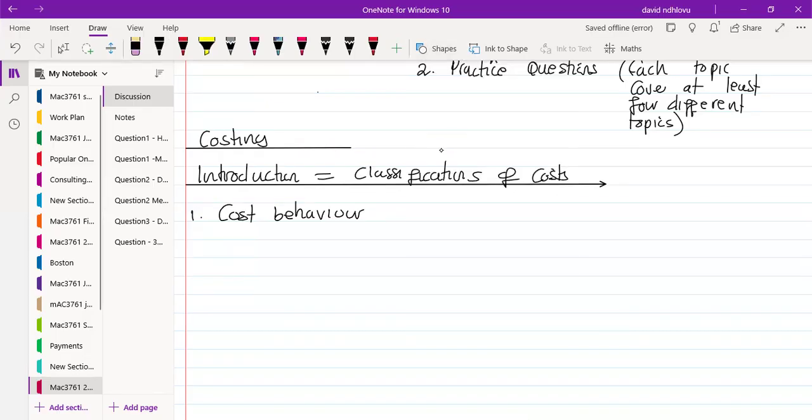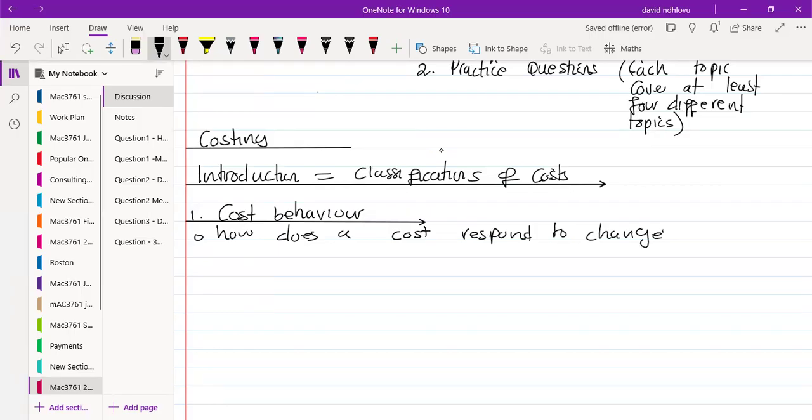When we talk about cost behavior, we are simply answering the question, how does a cost respond to changes in output?